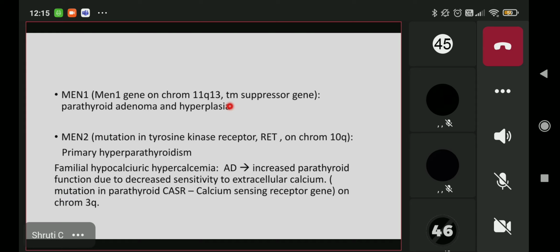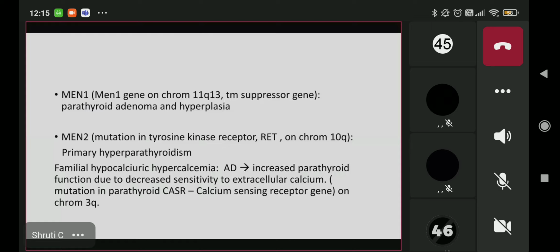You should be knowing that. Pituitary gland and pancreas are also involved. Adrenal gland also, leading to pheochromocytoma. And then MEN2 mutation is also a cause of primary hyperparathyroidism. MEN2 also comprises medullary carcinomas. I won't go into details, but you must have been taught this.